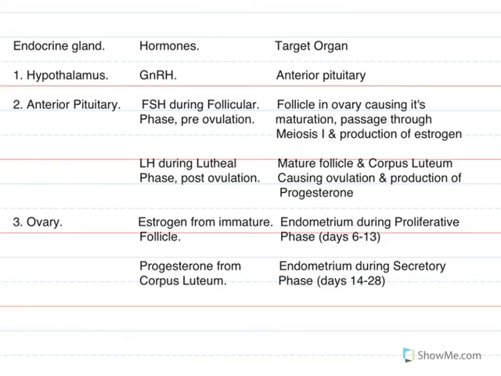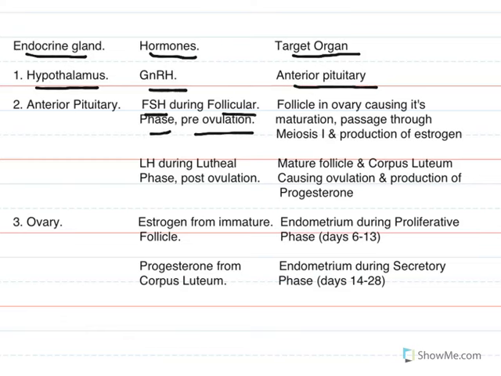This table shows you a summary of the endocrine glands involved in the menstrual cycle, the hormones that they produce, and the target organs that those hormones are affecting. So it starts with the hypothalamus, with the production of gonadotrophic releasing hormone, that affects the anterior pituitary, causing it to produce FSH during the pre-ovulation phase of the menstrual cycle, the follicular phase.